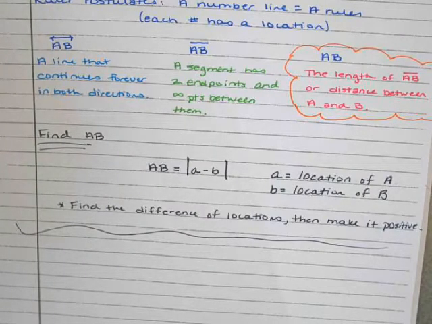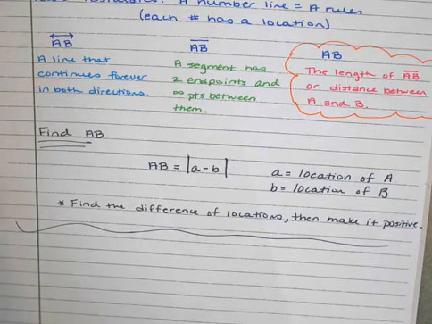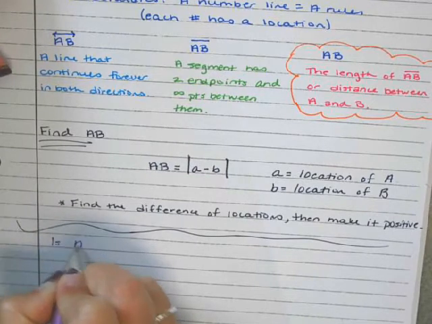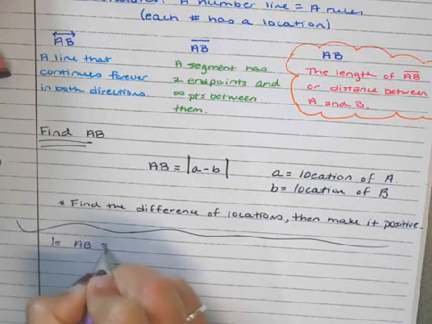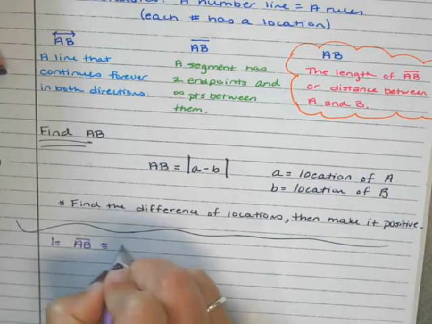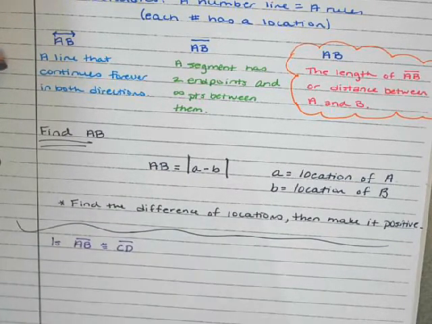Now, many of your questions aren't just going to say find AB or find BC or find DC, but they might instead ask, is segment AB congruent to segment CD?